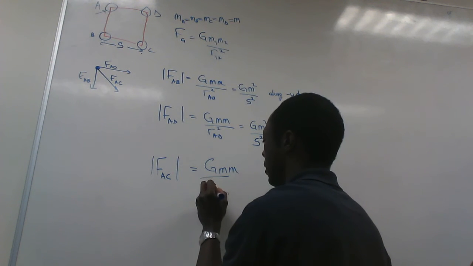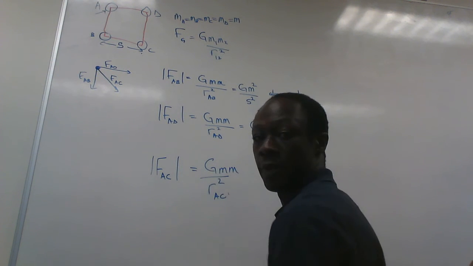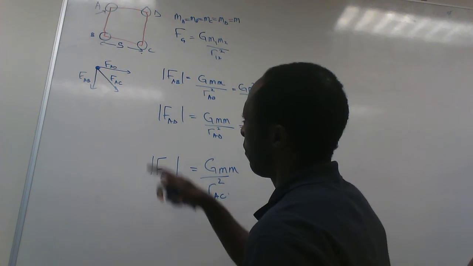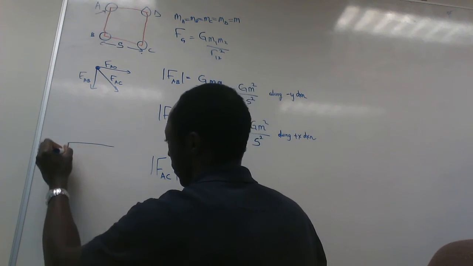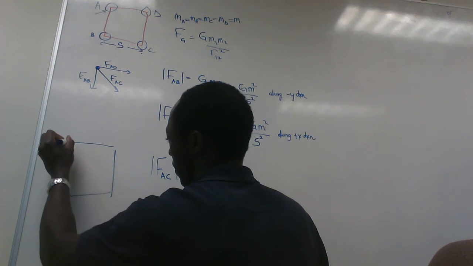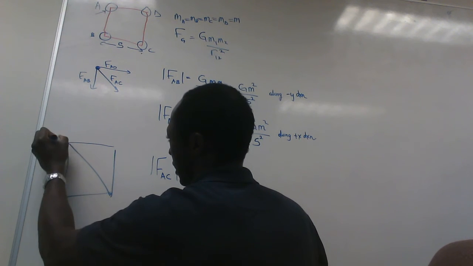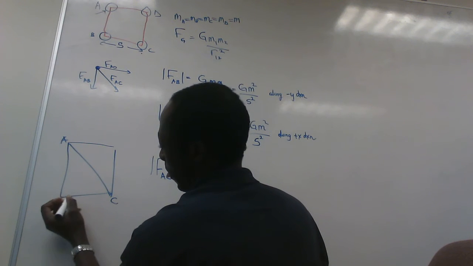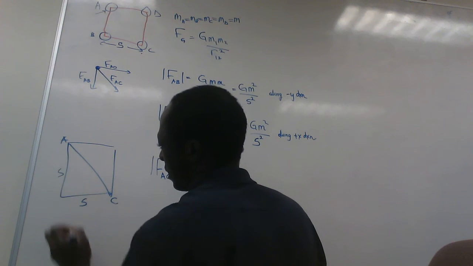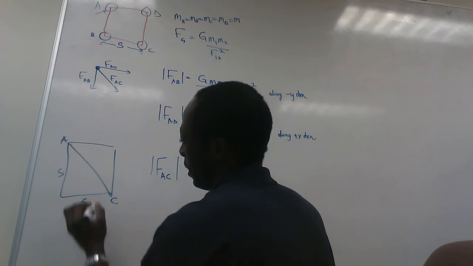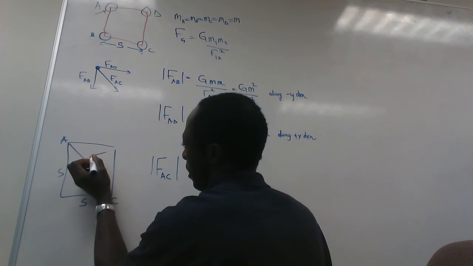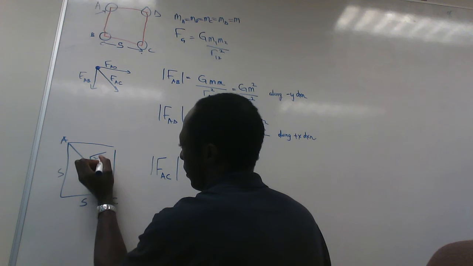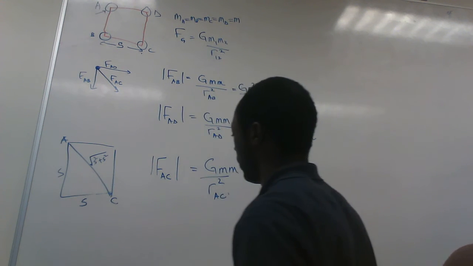To figure out what the distance RAC is, let's draw the square again, and we'd like to find the distance between A and C. If this is S and this is S and this is a right angle triangle, then this diagonal will have a magnitude of the square root of S squared plus S squared.